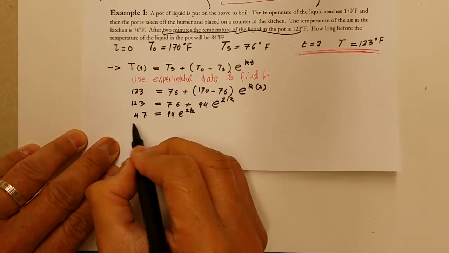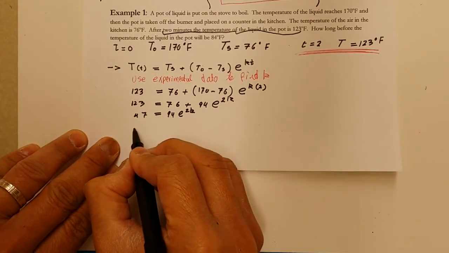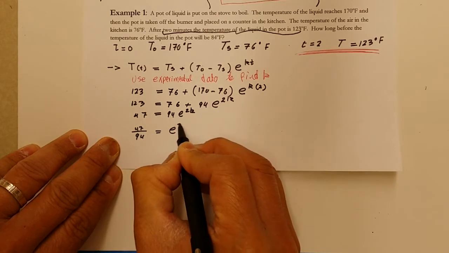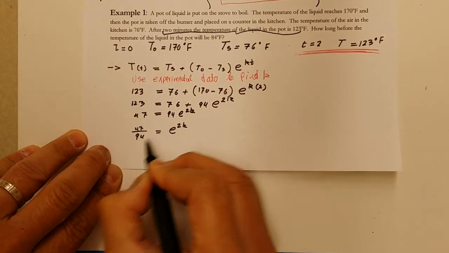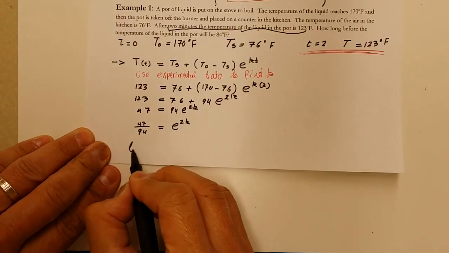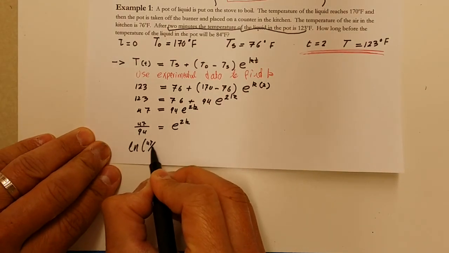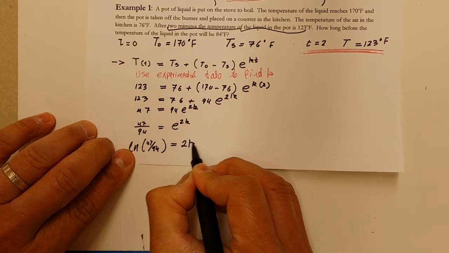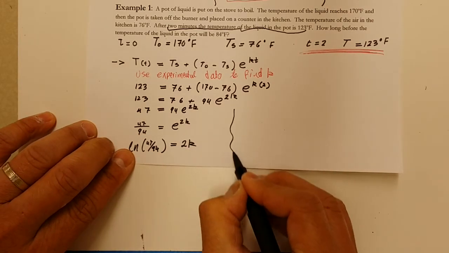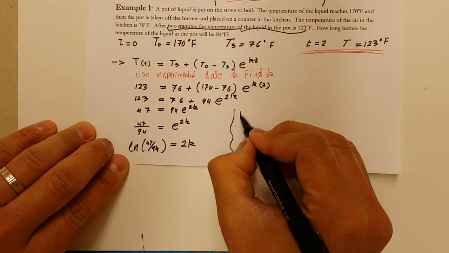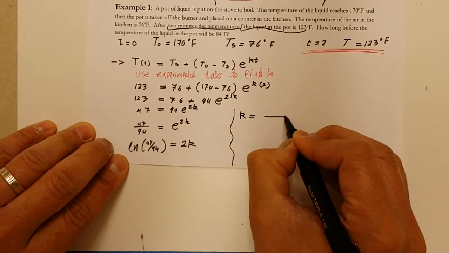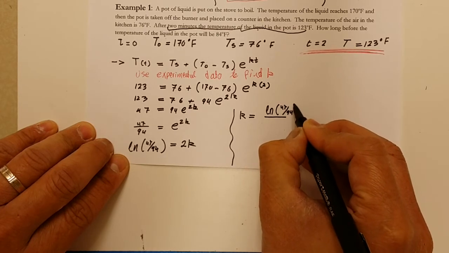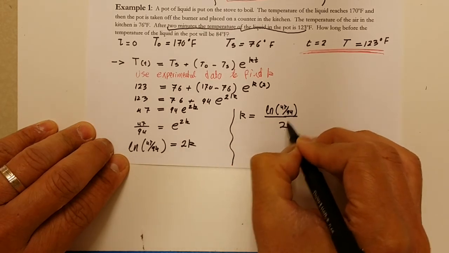So we get 47 over 94 equals e to the 2k, and then we ln both sides, and we get ln of 47 over 94 equals 2k. So by solving for k, it's going to equal ln of 47 over 94 divided by 2, so that's k.